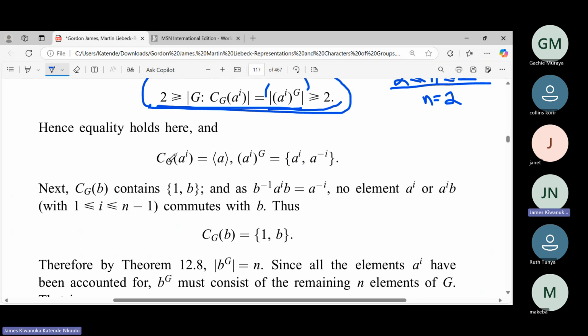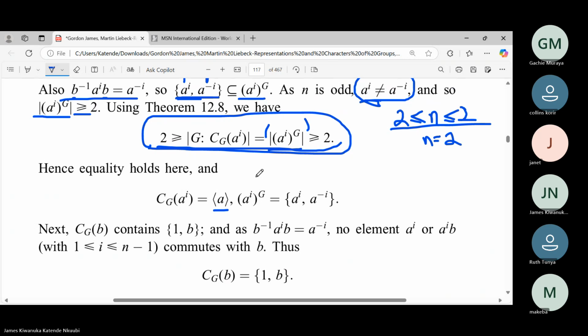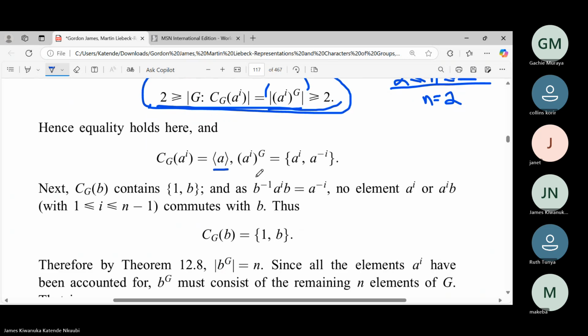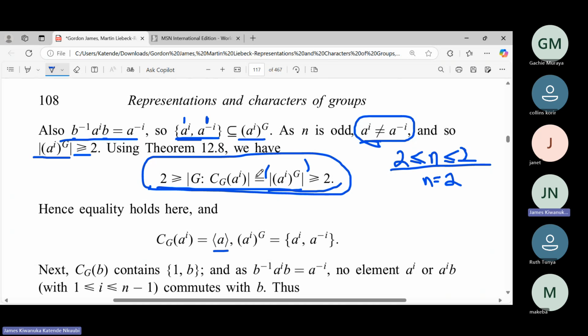Now, the centralizer of A^i in G is just the cyclic subgroup generated by A. Did I miss something?